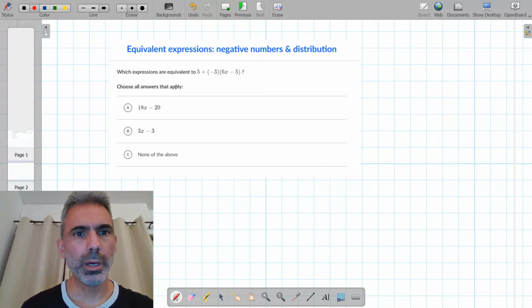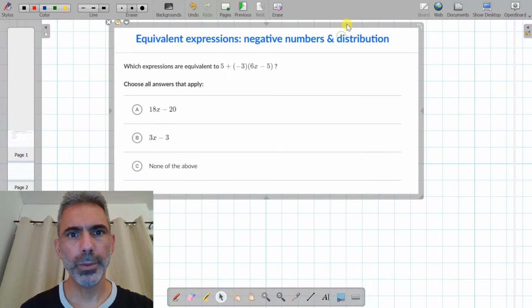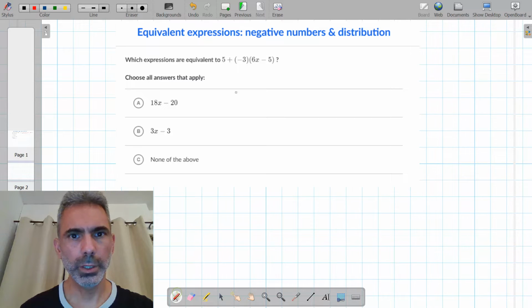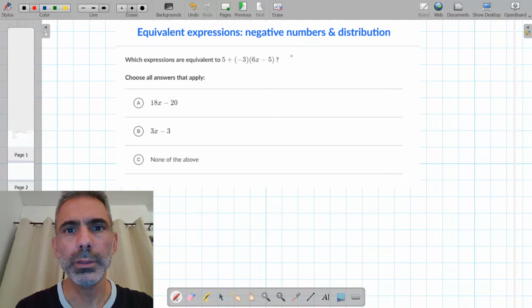Which expressions are equivalent to 5 plus negative 3 times 6x minus 5? So let's unpack this.